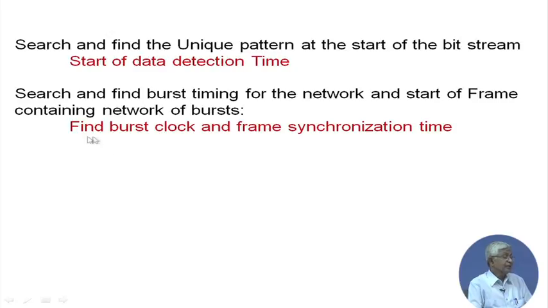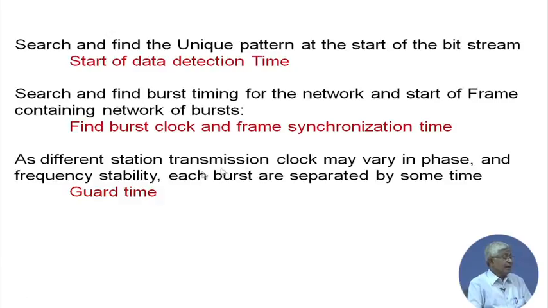So you have to find the burst clock and the frame synchronization time, and as the transmission clocks of the different stations may vary in timing as well as phase, when the bursts reach the satellite they may drift this way or that way, and jitter. They should not overlap.